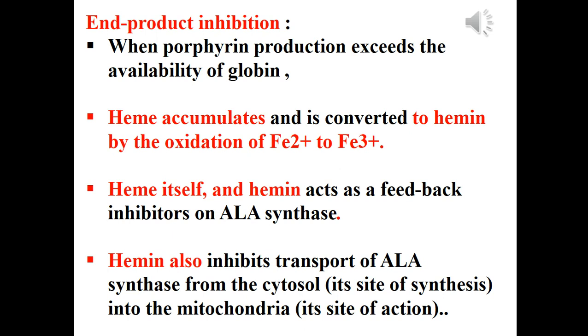Hemin also inhibits transport of aminolevulinic acid synthase enzyme from the cytosol, its site of synthesis, into mitochondria, its site of action. So it decreases the activity of this enzyme.